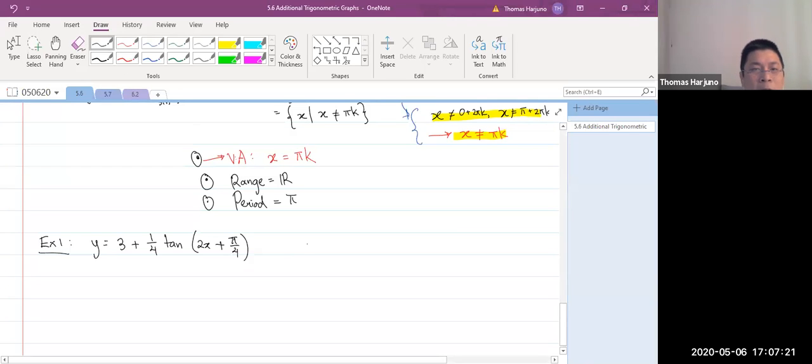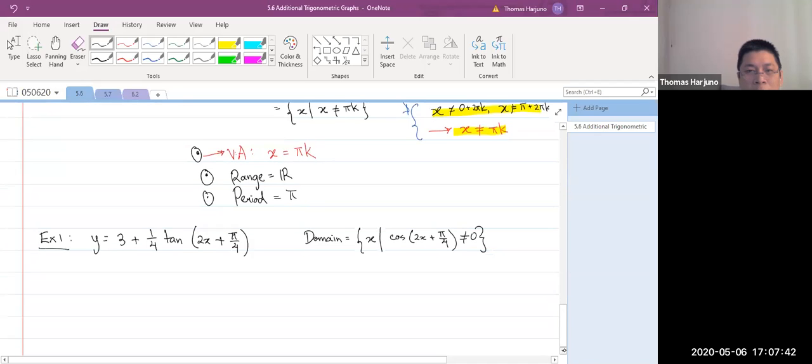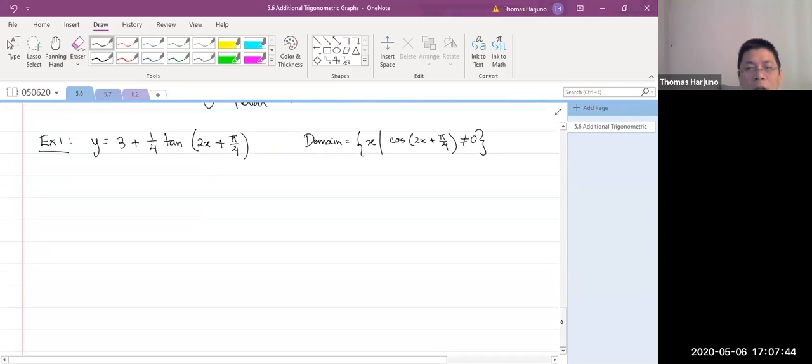For example, the first step is to find the domain. The domain will be all x where cosine of 2x plus pi over 4 is not equal to 0. But you cannot leave your answer like that.